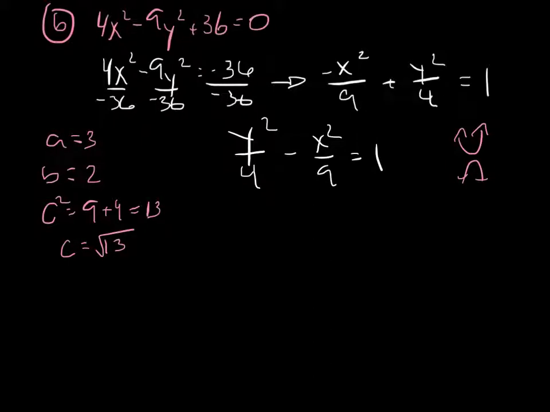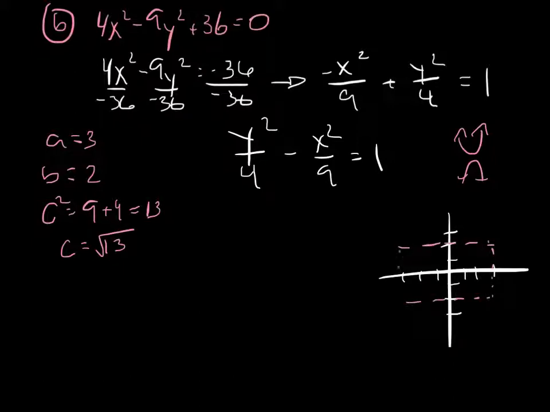We need to graph it. So I'll come over here. I'll graph it. Okay, we go 1, 2, 3, 1, 2, 1, 2, 2, 3. Square root of 13 is slightly above 3, so make sure I have that. And so let's draw our box, which is too tall, or from the center, and 3 left and right from the center.